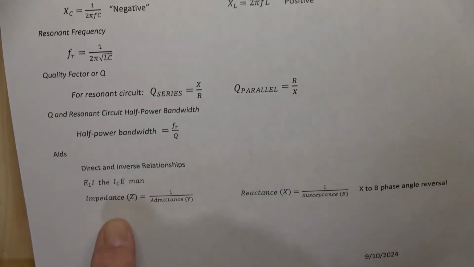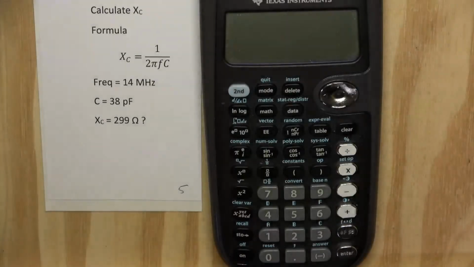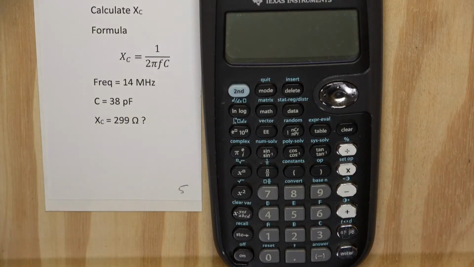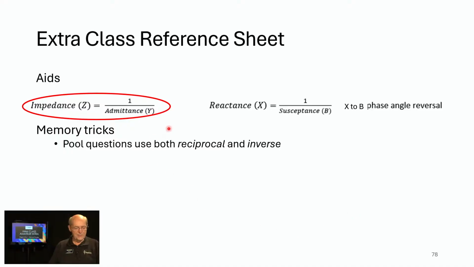And here at the very bottom I've got impedance, admittance, reactance, susceptance, and one of the facts. So we'll be expanding on some of these here. We've already looked at ELI the Iceman and direct and inverse relationships. So from the extra class reference sheet, we've got the impedance section and the reactance section.